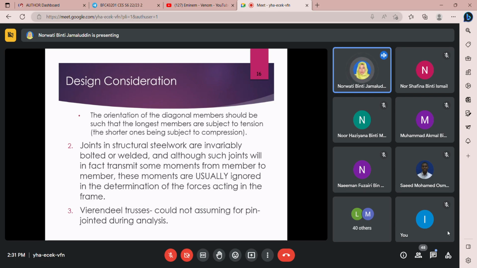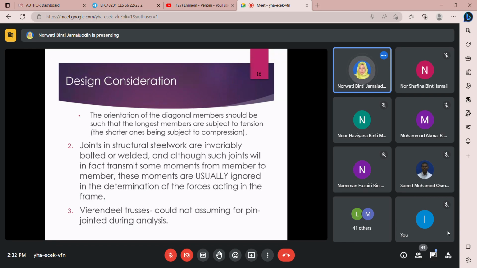Buckle is the failure mode for any structure that is being compressed. The capacity of the member will reduce as the length increases. I mean, the longer member will be more prone to buckle easily.